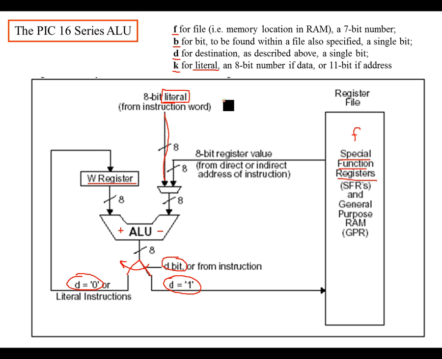So when you write your instruction, you may say you want to add the value of 8 to the W register. 8 in that case would be the literal, and that 8 comes from the instruction register. So up here you have the instruction register, and that value of 8 is stored inside of there. 1000 is 8. So that 8 value would come directly from the instruction register, in this case down through this path.